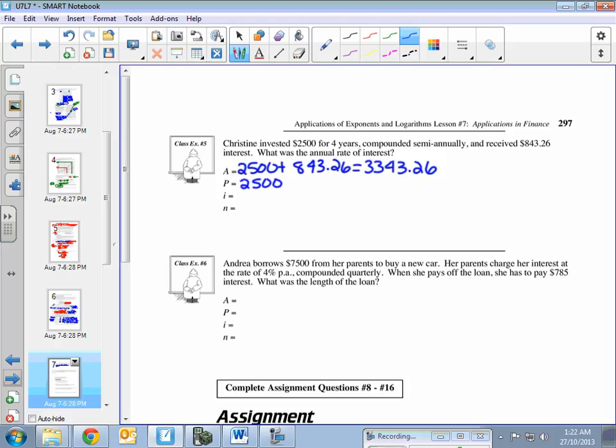Okay. Your I is what you're looking for. And your number of years, so you have 4 years compounded semi-annually. Semi-annually means times 2 every single year. So your N will be 4 years times 2. So your N will be equal to 8 here.